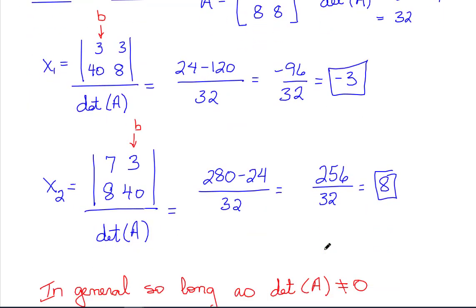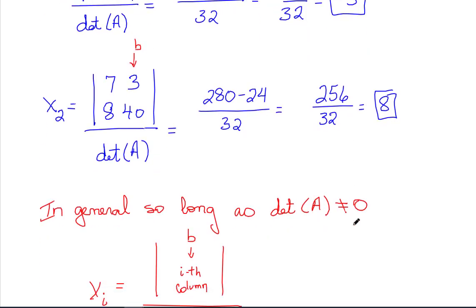To get the second solution, we put the B in the second column and redo that 2 by 2 determinant. And so we get 7 times 40 minus 8 times 3. So 256 over 32, and we get 8. And that gives us our two solutions.